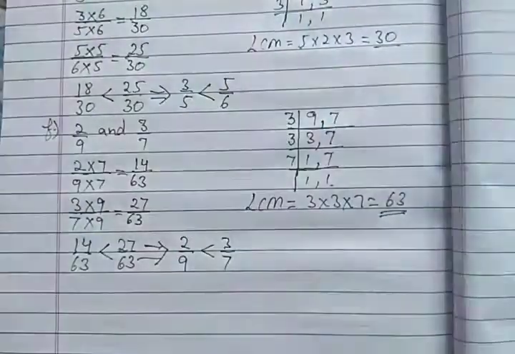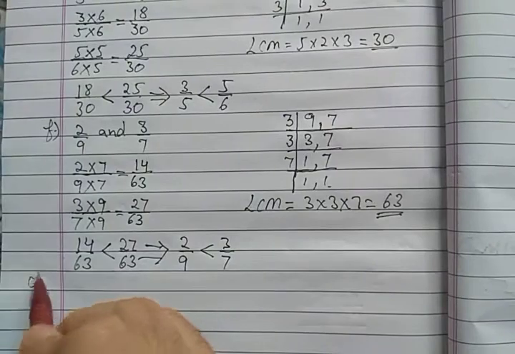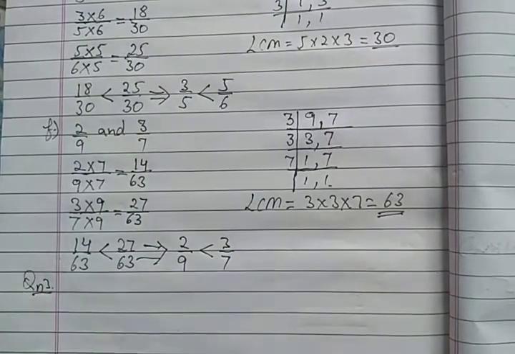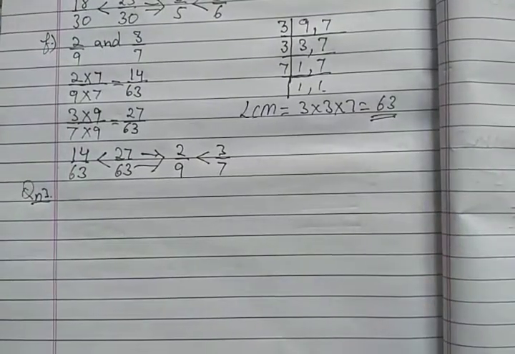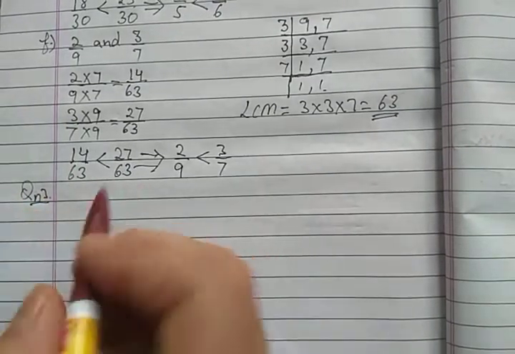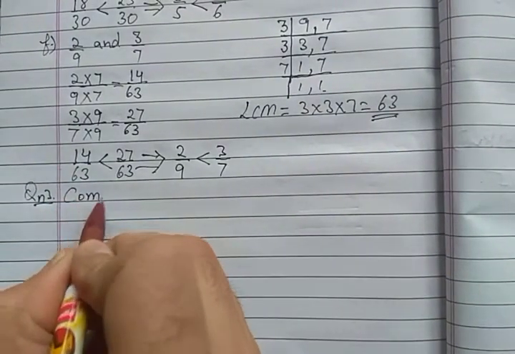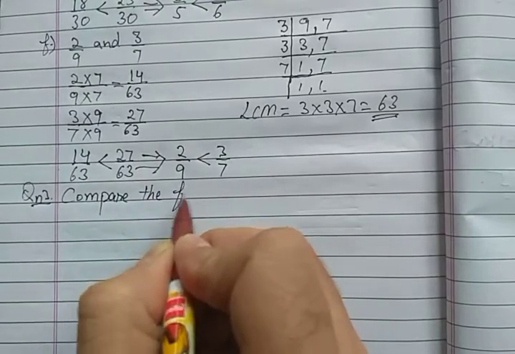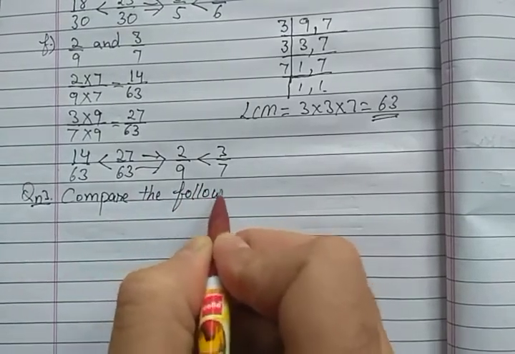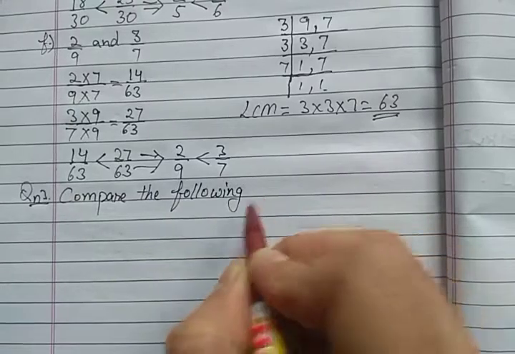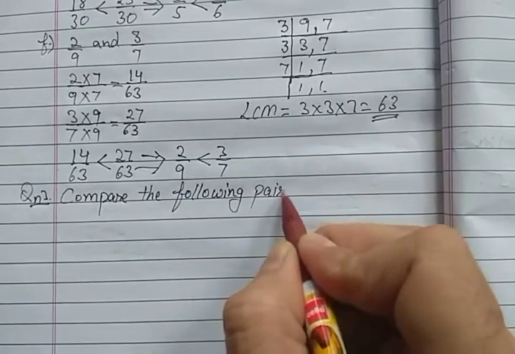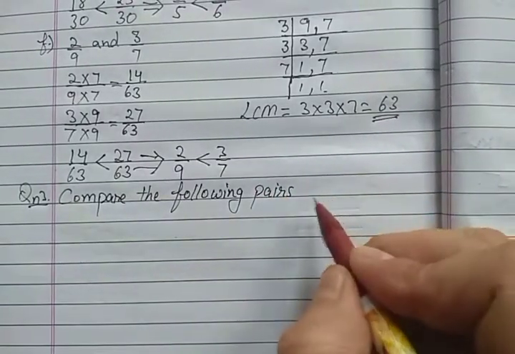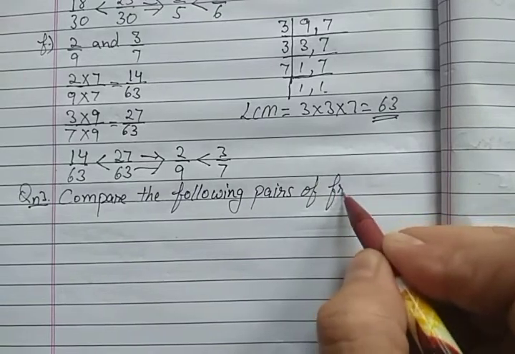So question number 3, that is, compare the following pairs of fractional numbers.